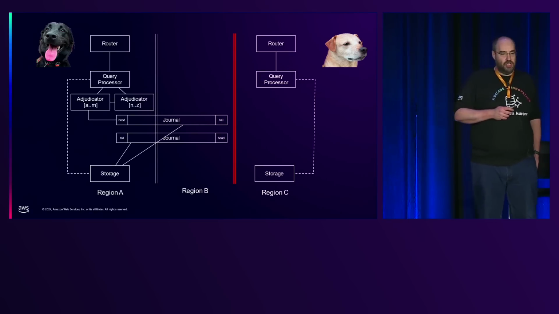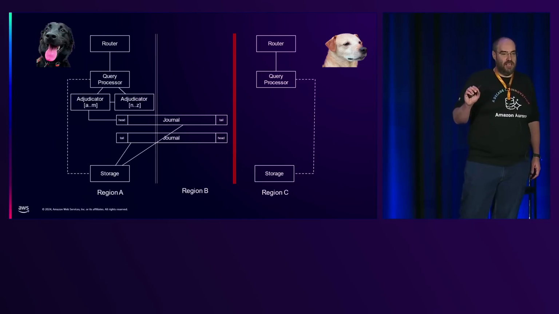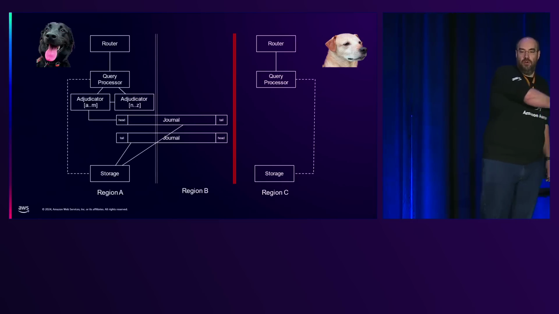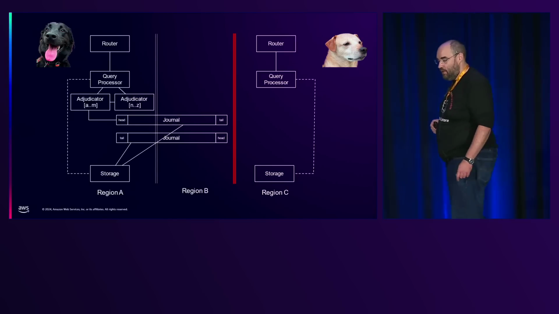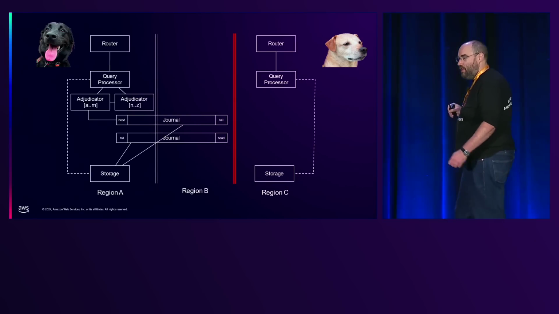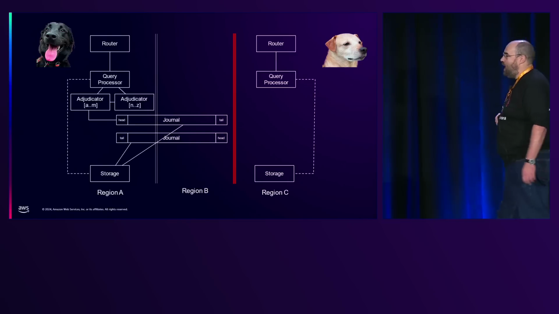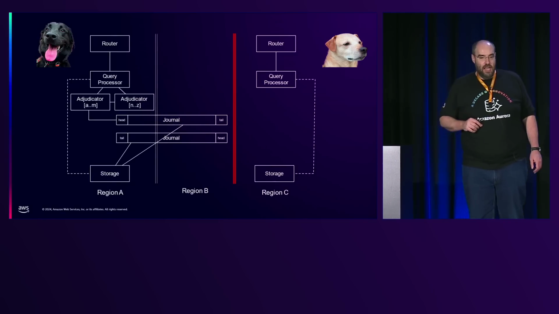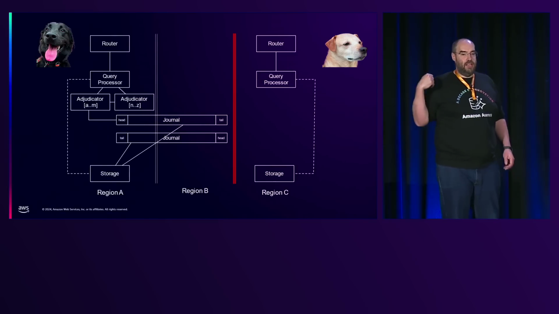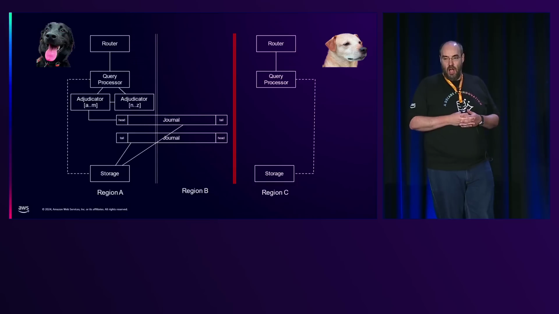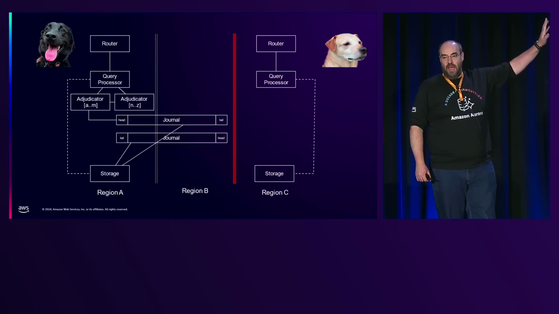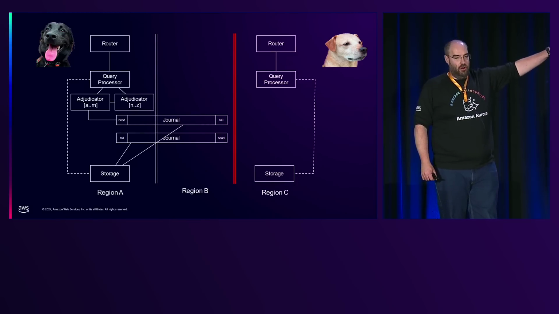The adjudicator leadership, that short-lived state for doing isolation, moves out of this region, moves all into the remaining healthy region. Clients in the unhealthy region are now unable to perform transactions. They cannot read and they cannot write. In that unhealthy region, the database has become unavailable. On the healthy side, on the majority side, the database remains available, durable, strongly consistent.